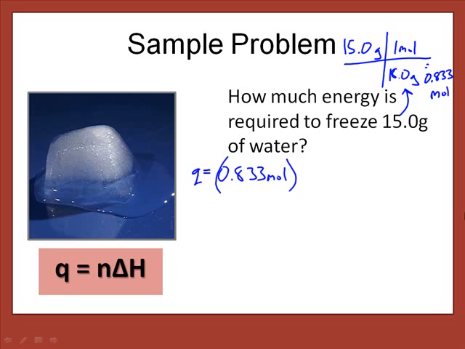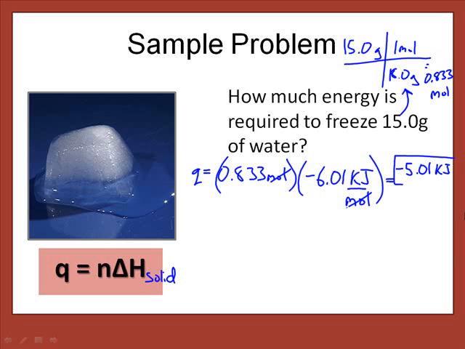So this is going to be the delta H of solidification, which is the negative of the delta H of fusion. So this is going to be negative 6.01 kilojoules per mole. And notice how moles nicely cancels out, yields a kilojoule value. And we plug this into our calculator, we will see that we have a negative 5.01 kilojoules.